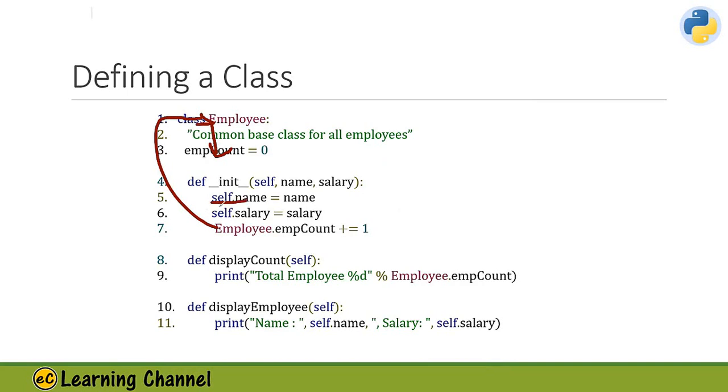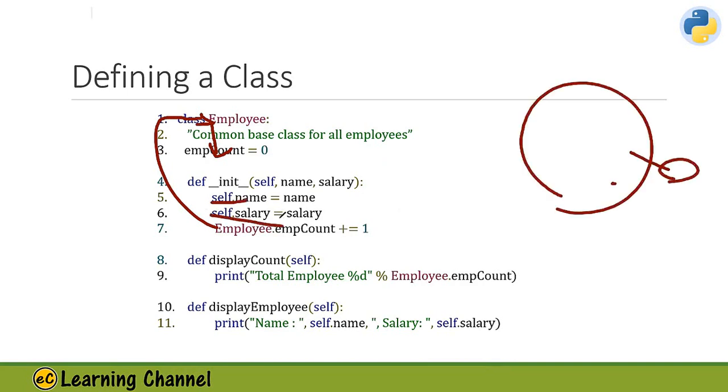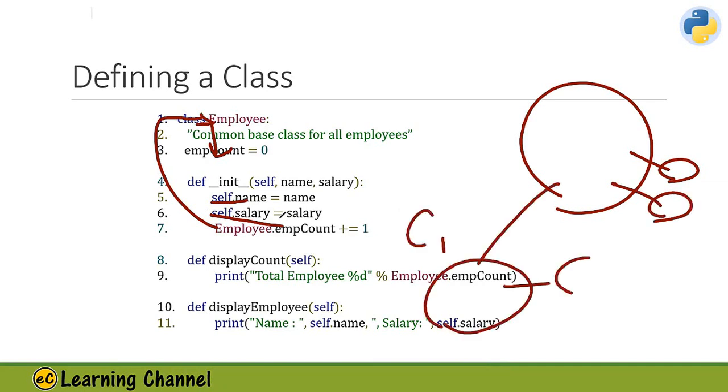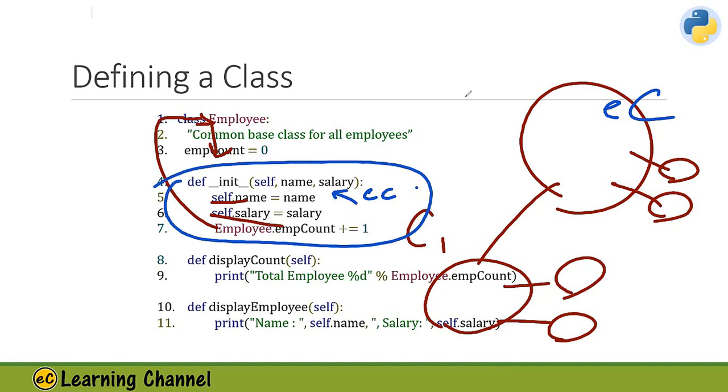And this self, that becomes the object. So basically, self.something is the object data field. So you create a new object, C1, the name and salary are here, right? And employee count will be here. It's a class variable, right? And if you do an employee count over here, that becomes a variable inside the function. These are different, okay? Be careful about it, okay? That's an important point.